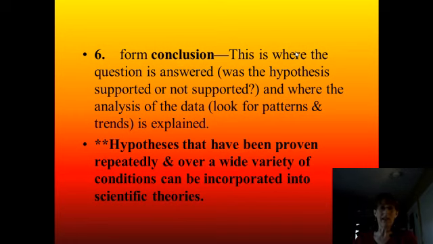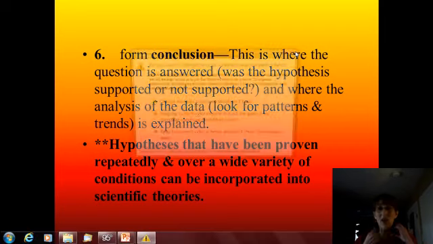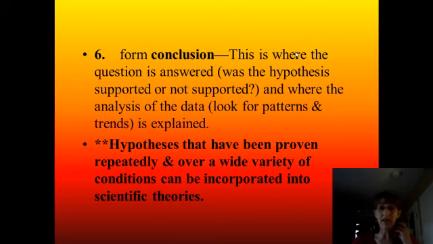So a theory is kind of bigger than a hypothesis because it's made of multiple hypotheses, and it's also more supported than a typical hypothesis. You've got a lot more background to support you, a lot more experimental evidence to support you.